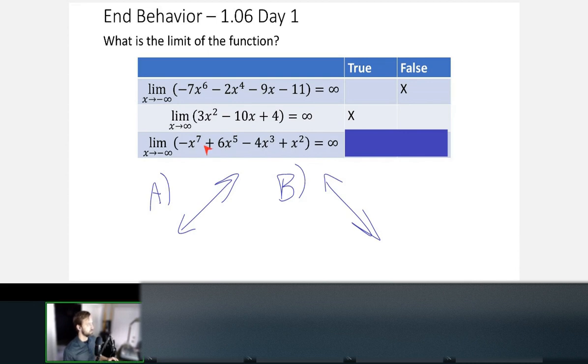And when in doubt, we can either graph the entire thing or just make it easy on yourself and graph only the first term. That's what I would do. That way you don't see all the extra wavy stuff going on in between. It'll be easier to do that.